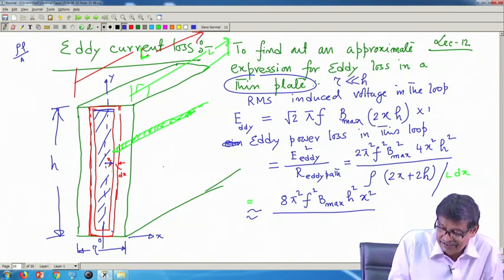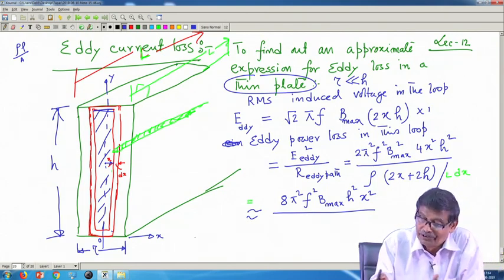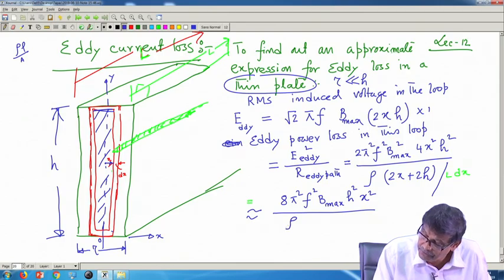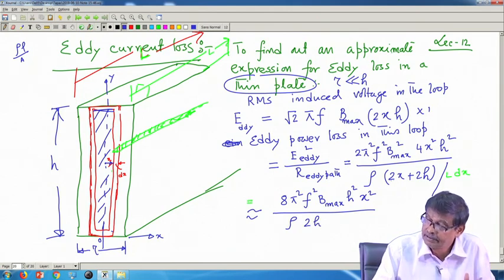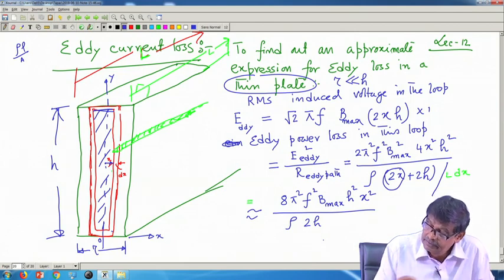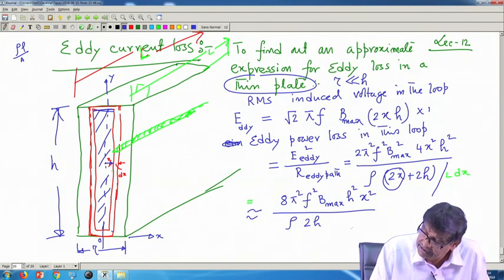See, x is a subset of tau, and tau is already small compared to h. So there will be no harm if you write it as rho into 2h. This 2x term can be neglected compared to 2h, divided by L dx, which I will put like this.